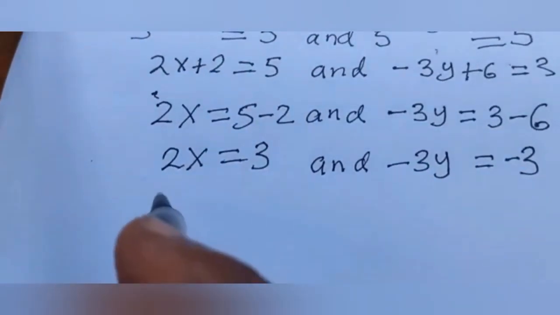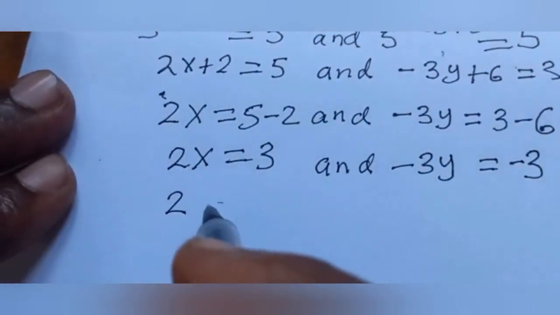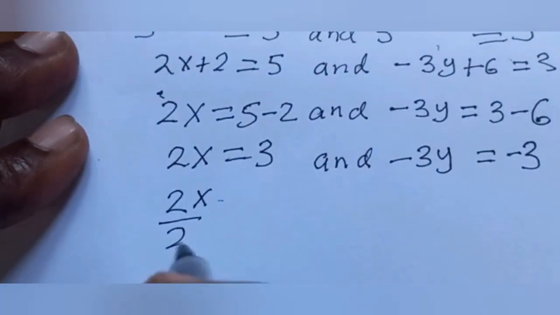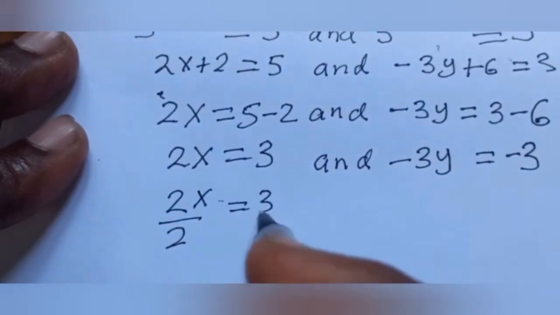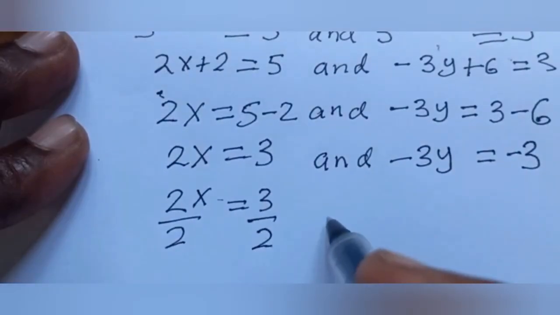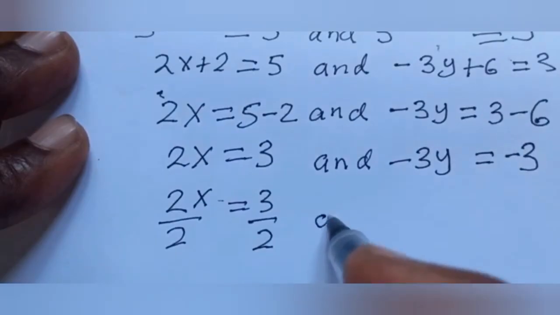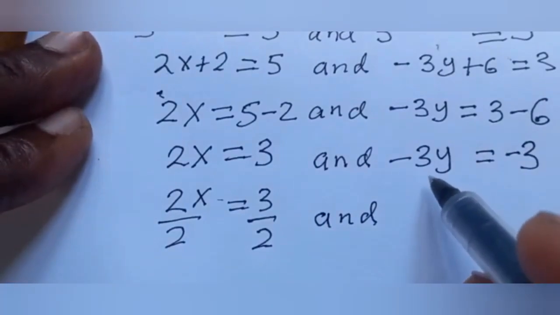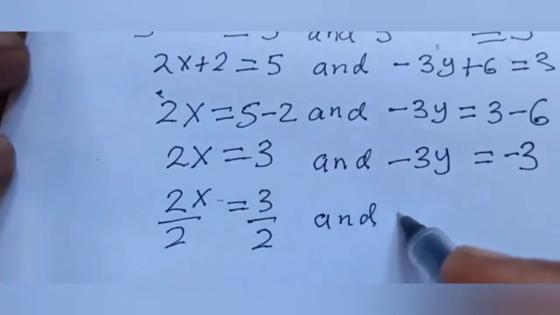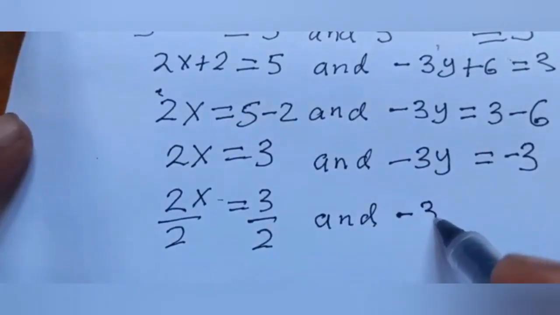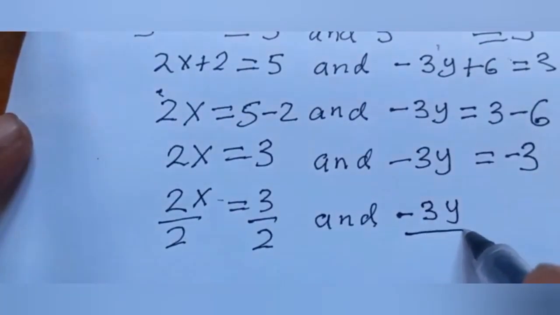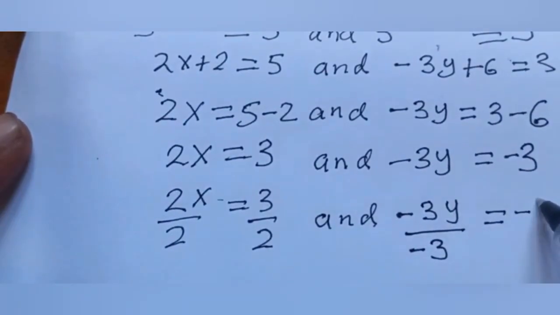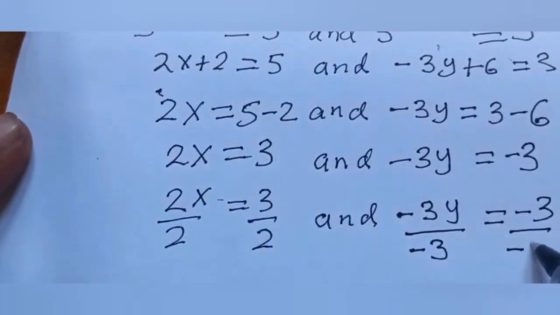So we have 2x divided by 2 equals 3 divided by 2. And again, this side divided by negative 3 both sides. We have negative 3y over negative 3 equals negative 3 divided by negative 3.